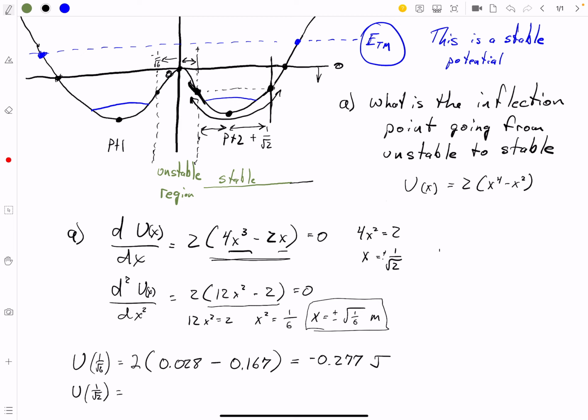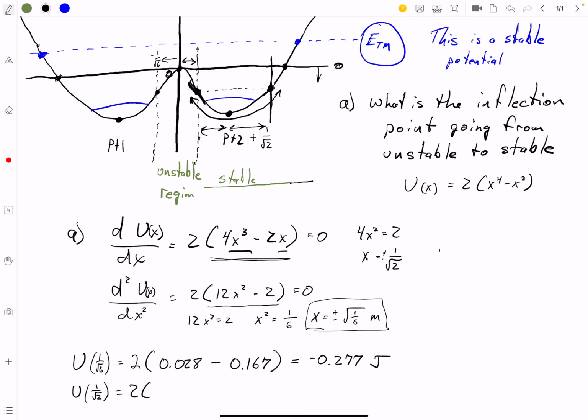And then that difference will give us our total mechanical energy. So we're 2 times, we're going to do it again, 1 over square root of 2 this time, though. So 1 over square root of 2, 1 of them, 2 of them, 3 of them, 4 of them.